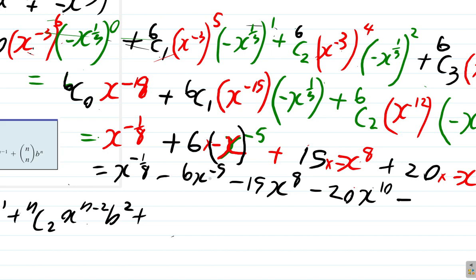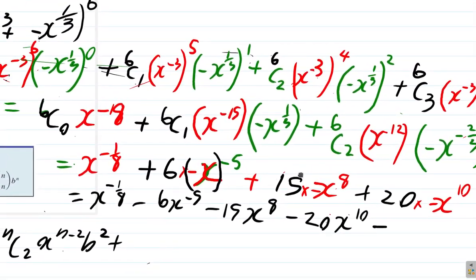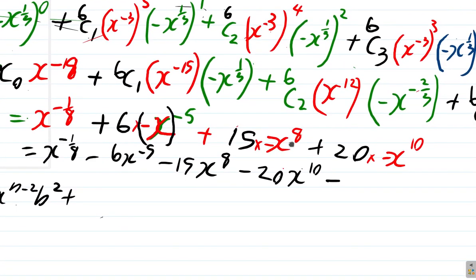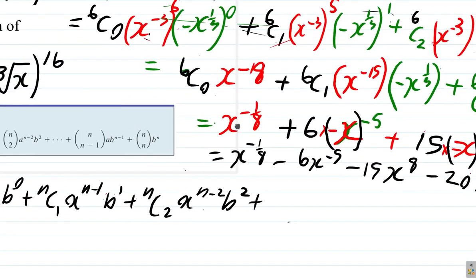Now, this one is a negative x to the positive 8. So let me put them in bracket. So this is in bracket, this in bracket. Let's put them in bracket.